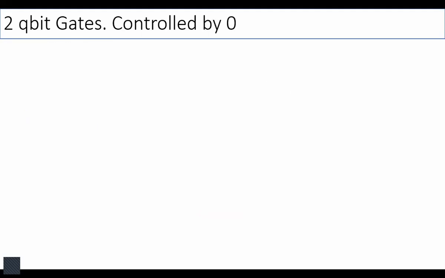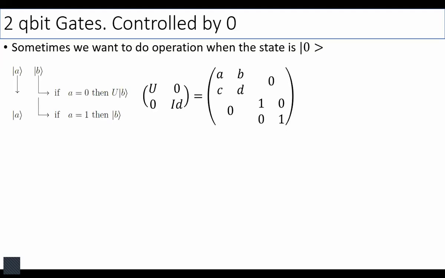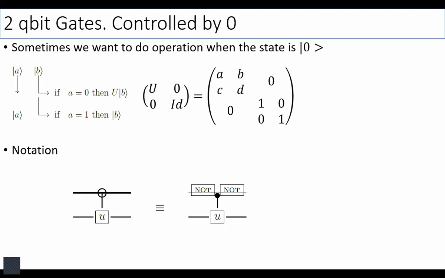The other thing is that it's possible not only to change the order, but also to control not by 1, but by 0, which means I don't change the first qubit, and I apply operator U if A was 0. It's also a common operation.